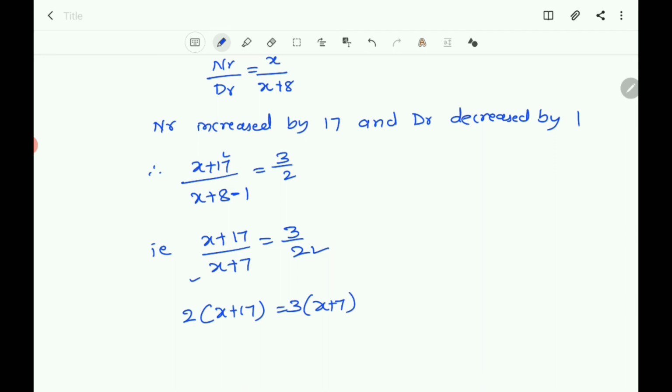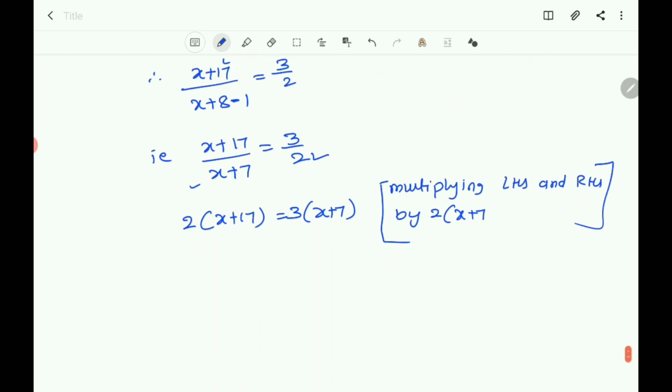Then 2 into x is 2x plus 17 into 2 is 34, and 3 into x is 3x plus 3 into 7 is 21.